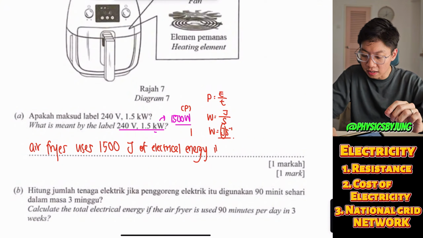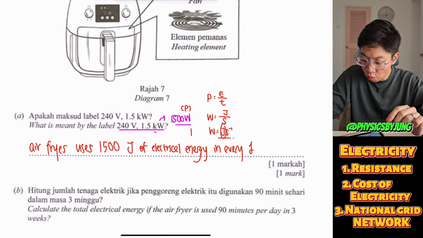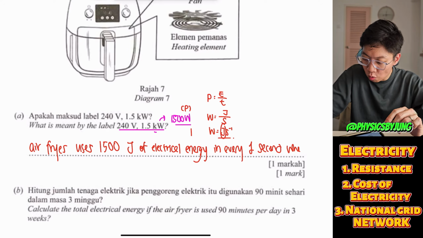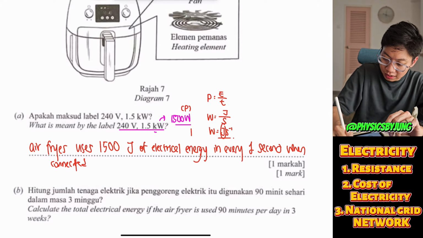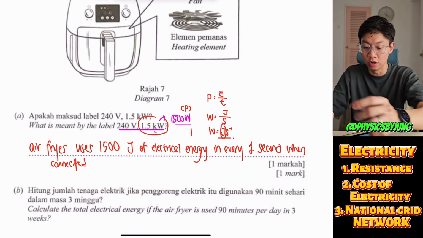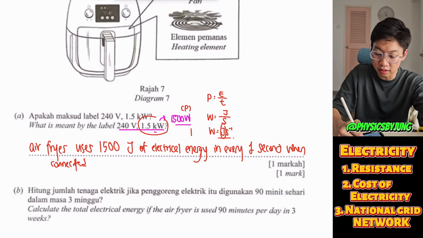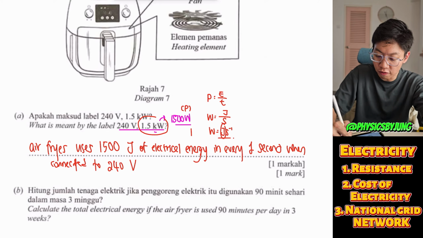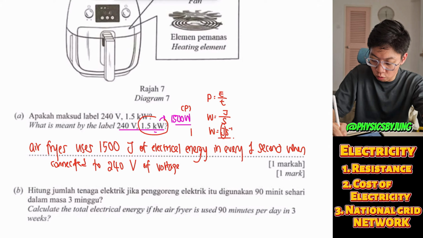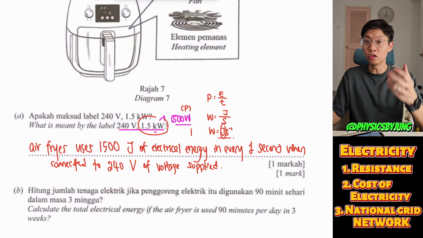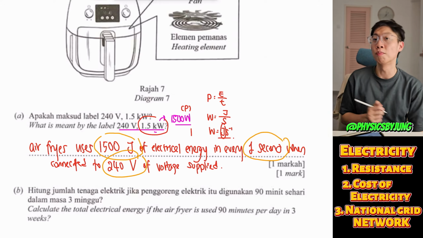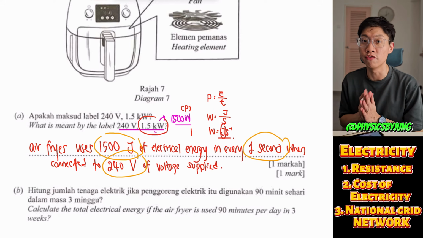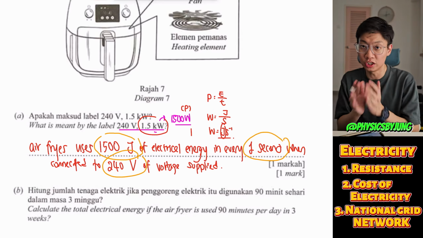So we will say in every 1 second when connected, provided that it is connected to 240 volt of voltage supply. So in your definition, most importantly, you have to talk about the joules in 1 second and when you provide 240 volts.